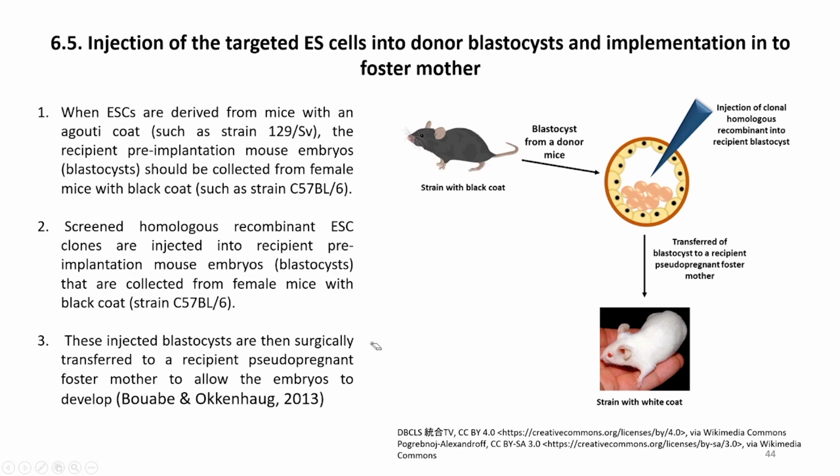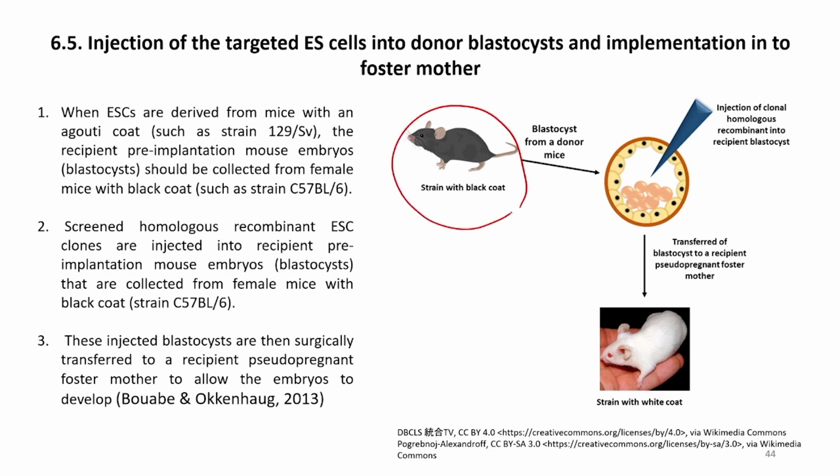Screened homologous recombinant ESC clones are injected into recipient pre-implantation mouse embryos or blastocysts that are collected from female mice with these black coats. These injected blastocysts are then surgically transferred to a recipient pseudopregnant foster mother to allow the embryos to develop.